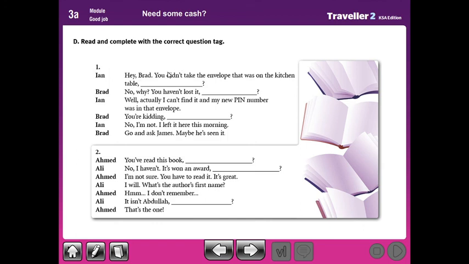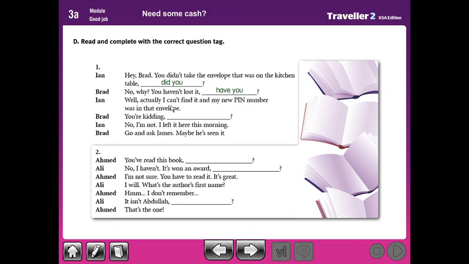Hey Brad, you didn't take the envelope that was on the kitchen table. Here we have didn't, so we use it in positive form: did you? No, why? You haven't lost it. Haven't, so we use have you?